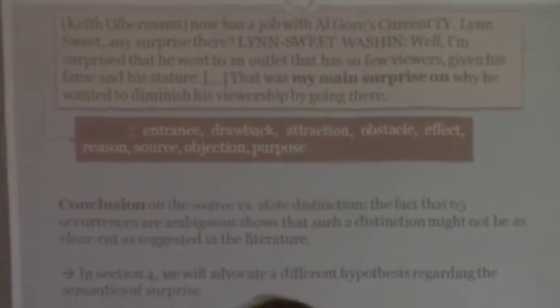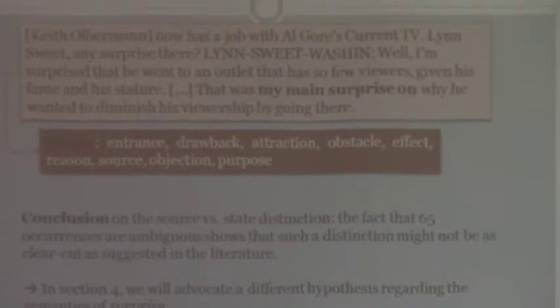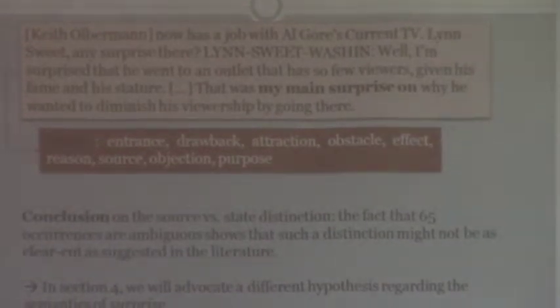And the extended context does not allow us to determine which interpretation is the right one. "Main" suggests a source interpretation, but "my", in "my main surprise", suggests a stative one.